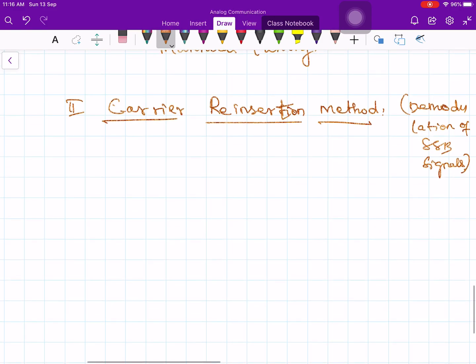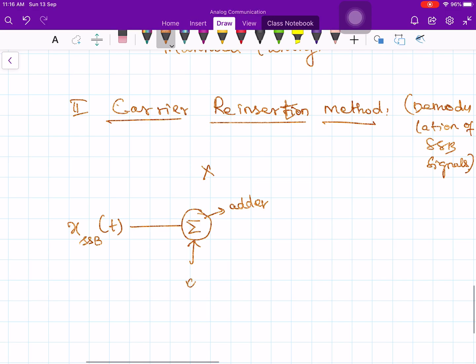here what we do is take the incoming modulated signal X SSB of t, and instead of multiplying you add the carrier. Okay, in the previous case we put a multiplier, but here we put an adder. So the carrier is added here, cos omega ct. You put some constant k, it can be anything, simply I am using k here, some constant.